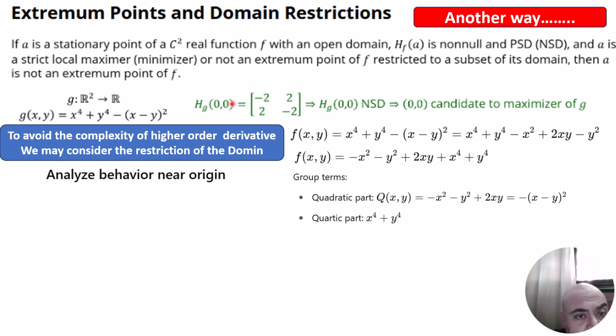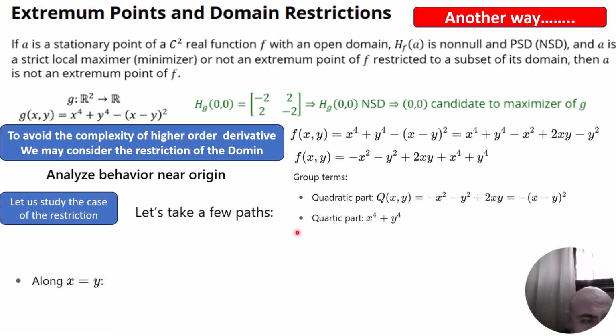For the limit where the variables x, y tend to 0, 0, or take small values near the point 0 and 0, as you will see. So simply all I have to do, let's take a few paths. I would suggest x equal to y, and that's the very famous one.